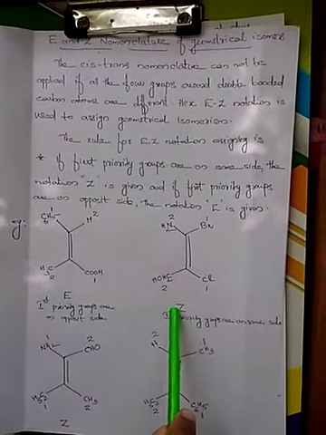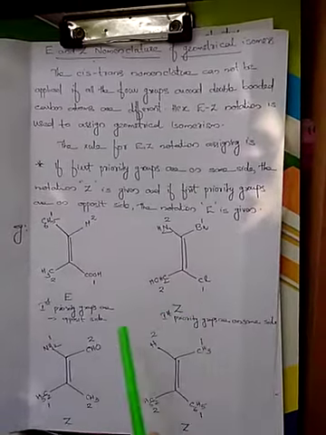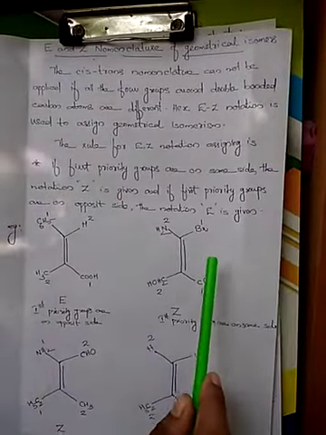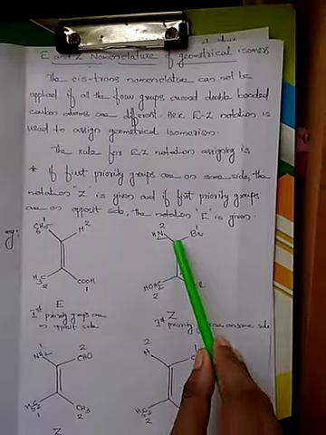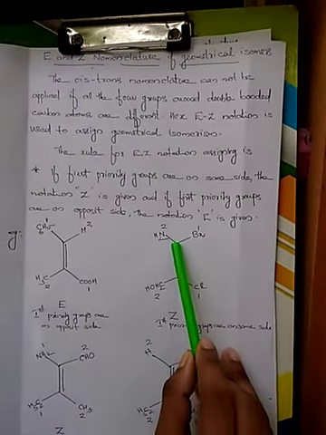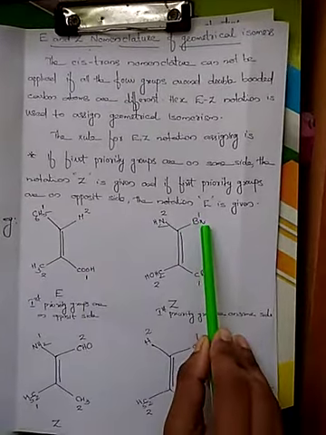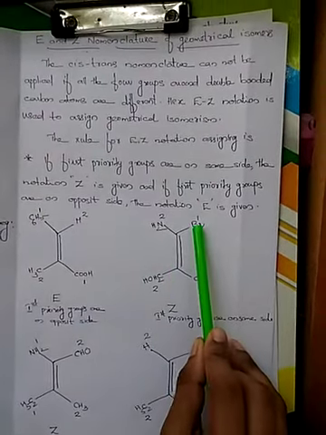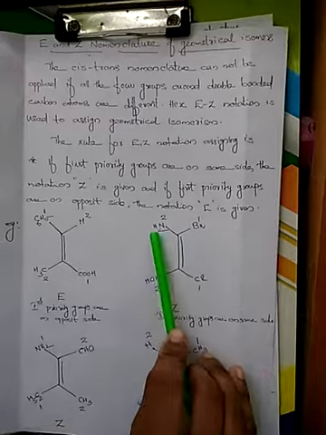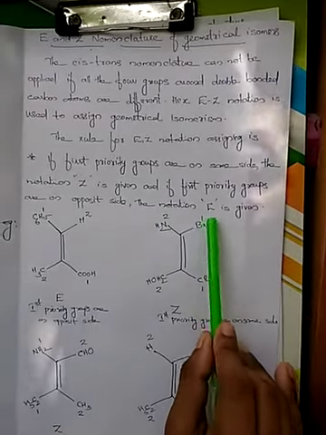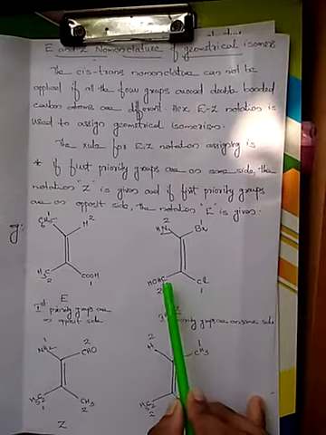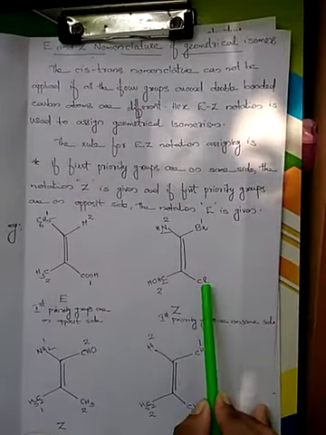You look at the Z example. Z means that the priority groups are situated on the same side. You look here at the C=C double bond. For this carbon atom, one substituent is bromine, another one is NH2. We know that bromine has higher molecular weight than NH2. So we give first priority to bromine, second to NH2. Here, chlorine and CH2OH.